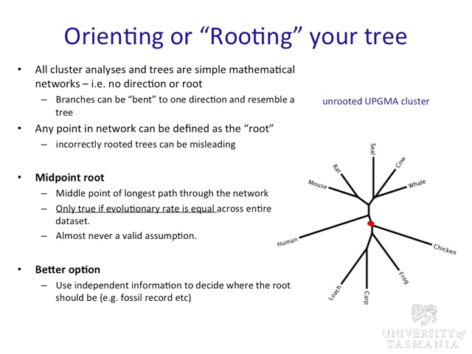If we were to draw the longest path through this tree, it could be from human through to chicken perhaps, or more likely from something like fish through to humans. We know that they're probably the most divergent from our fossil history. So somewhere in here is the midpoint root. We take that point, bend all of those up away from that point, and then effectively we're rooting the tree at this point.